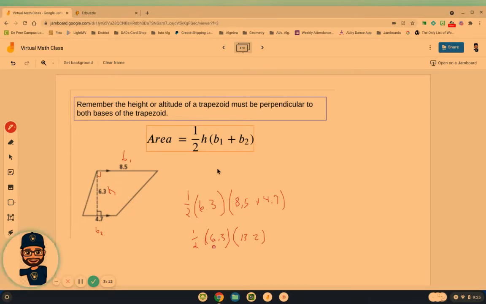So half of 6.3 times 13.2 gives me 41.58 units squared. All right, but again, the key is identifying that height, knowing that it's perpendicular to both bases in a trapezoid. Pretty straightforward formula.